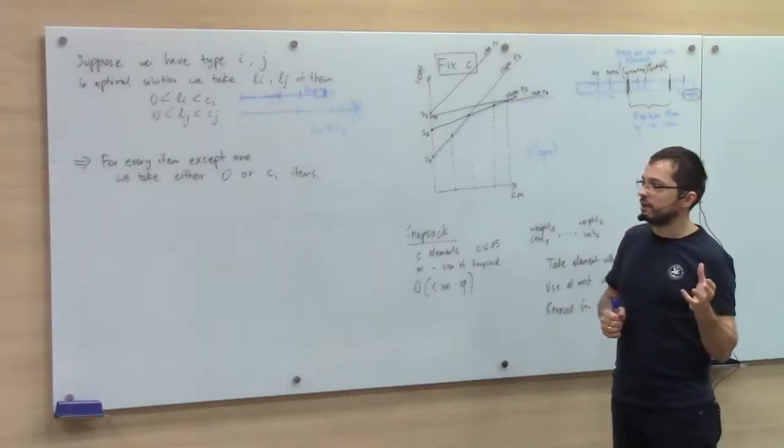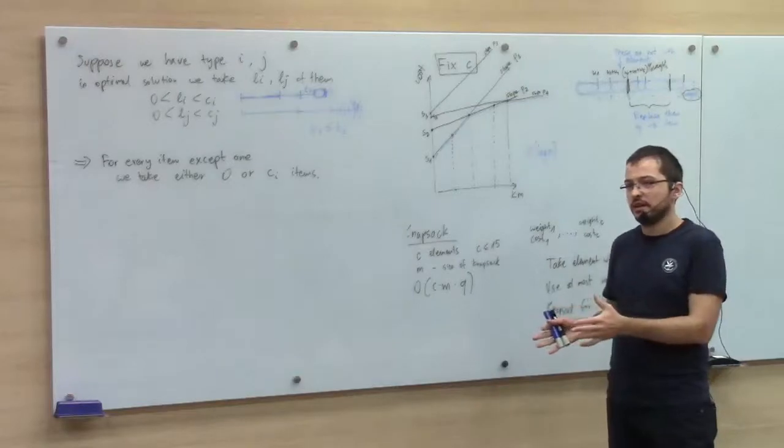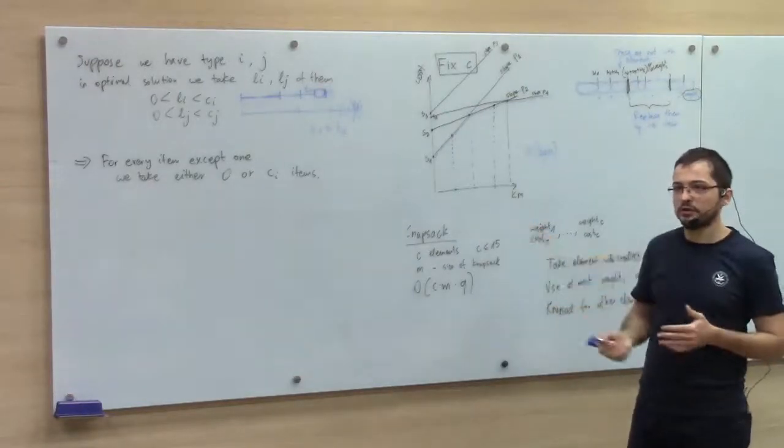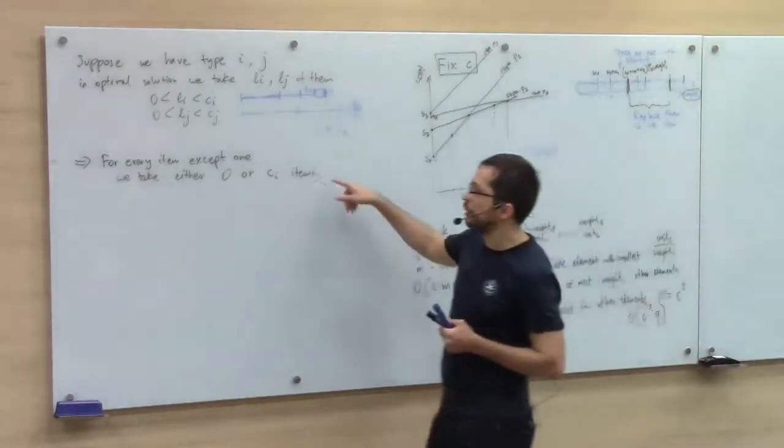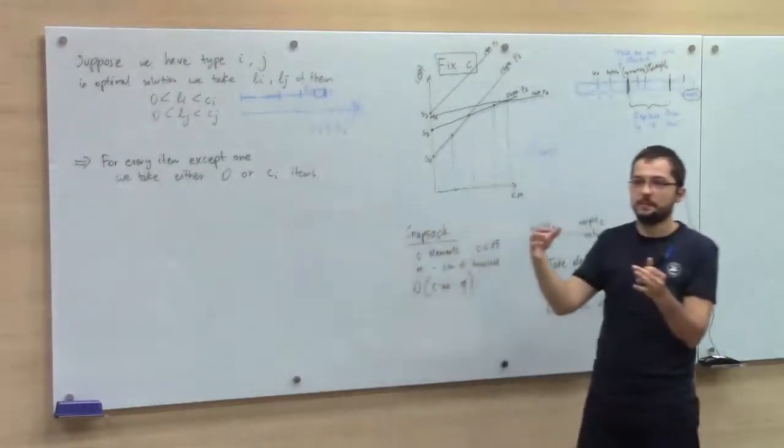Yeah, it looks like we can reduce it to the 0-1 knapsack and not the bounded version, because we can group all of the items of the same kind into bundles.